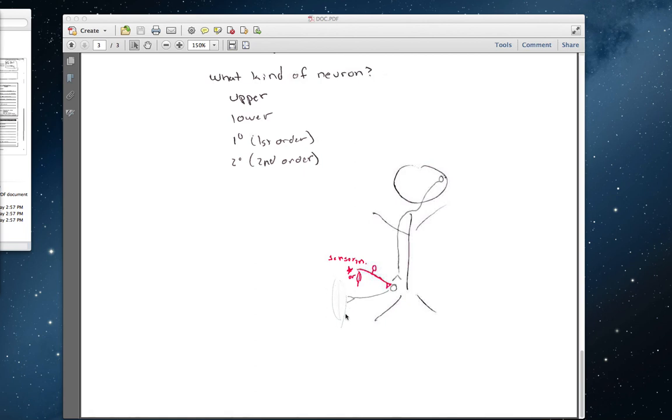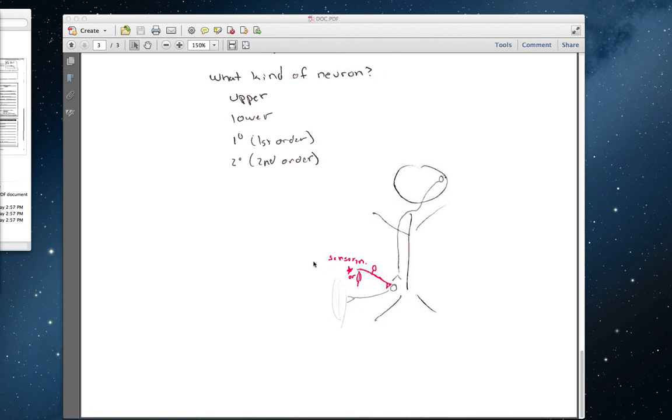But you do have more muscle tone than you would if you actually lesioned your lower motor neuron. So if you lesion your lower motor neuron, what's going to happen? You're going to end up losing your reflexes, and you're also going to lose your ability to generate a voluntary motion. And you're going to have flaccid paralysis.